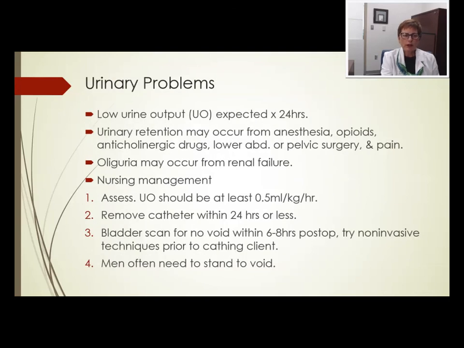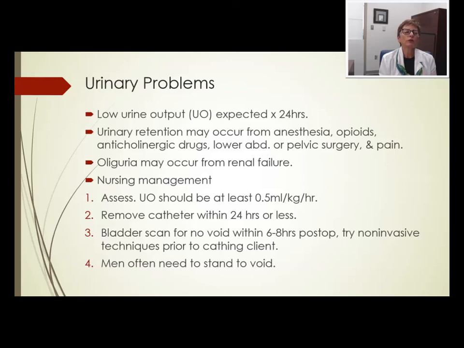Urinary problems. Low urine output is expected for 24 hours, which I spoke about in a previous slide. But urinary retention can occur from anesthesia, from opioids, from those anticholinergic drugs that are given in the OR, from lower abdominal or pelvic surgery, and from pain.